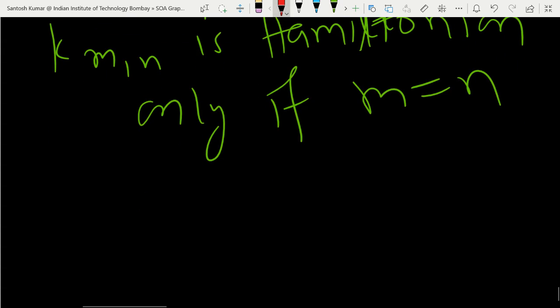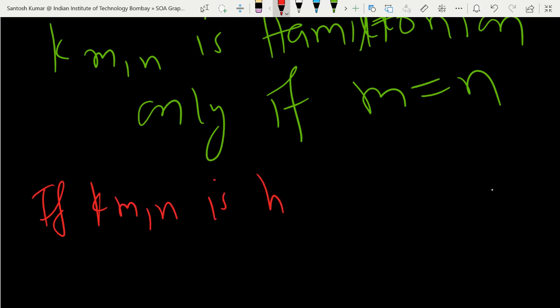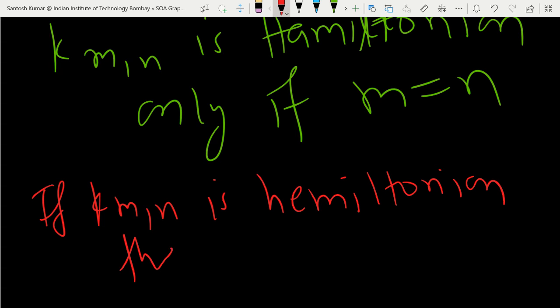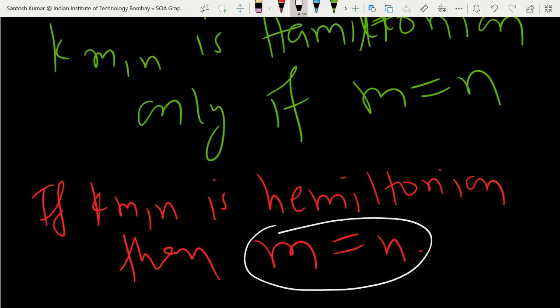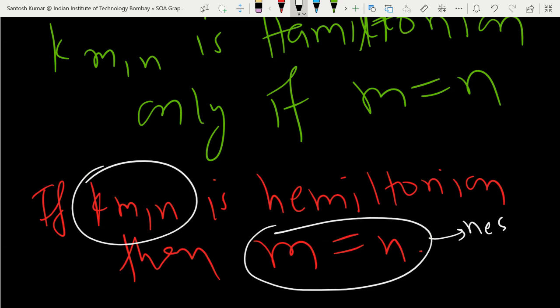Or you can say, if Kmn is Hamiltonian, then m is equal to n. So m equal to n is the necessary condition for graph Kmn to be Hamiltonian. Okay, so this is a necessary condition.